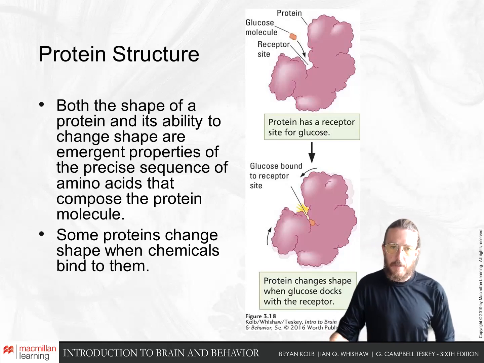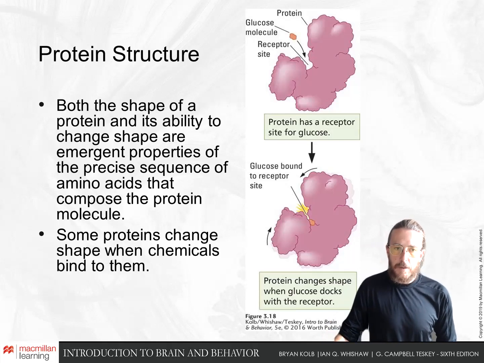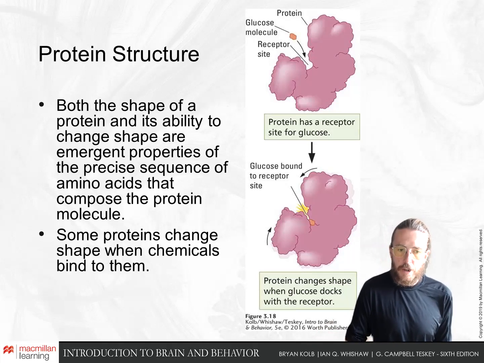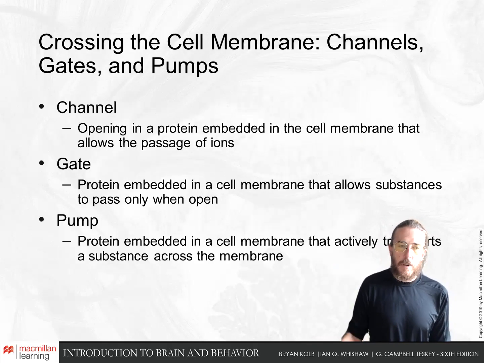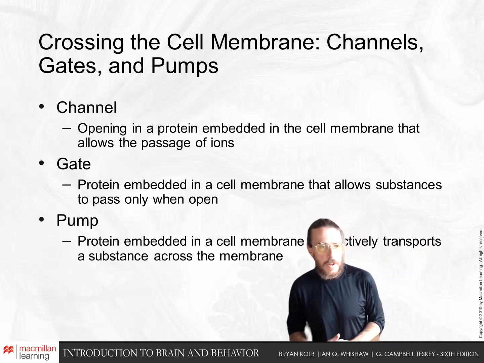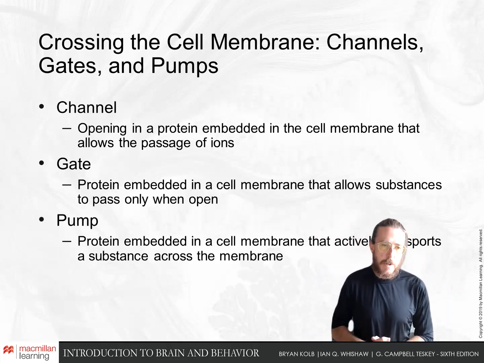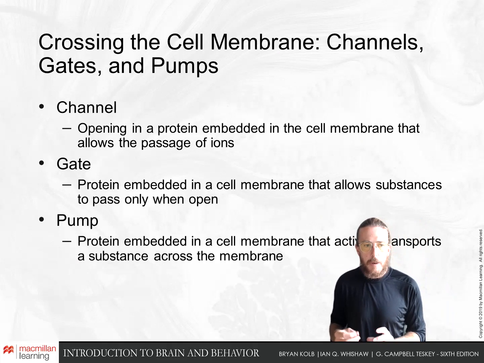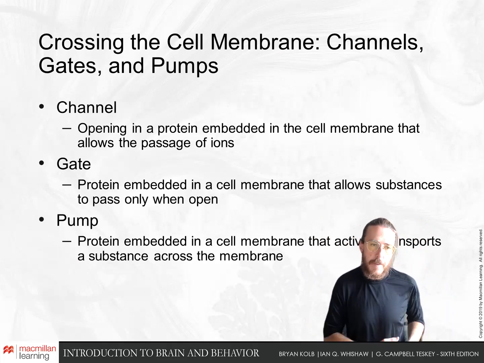So here's an example of a protein that might have glucose bind to it, and when glucose binds to it, it kind of changes its shape a little bit. So when that shape changes, these proteins that are embedded in the cell membrane might do something interesting, like let different amounts of a molecule in and out.